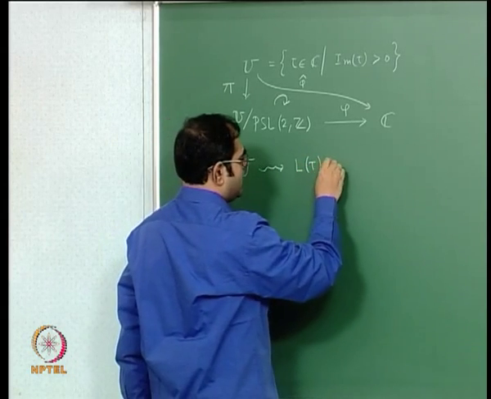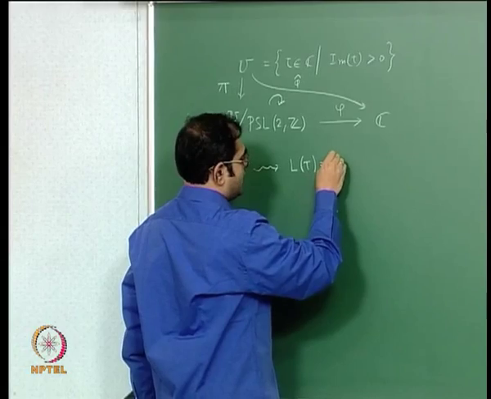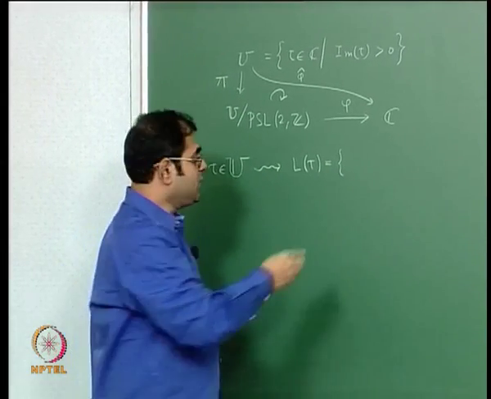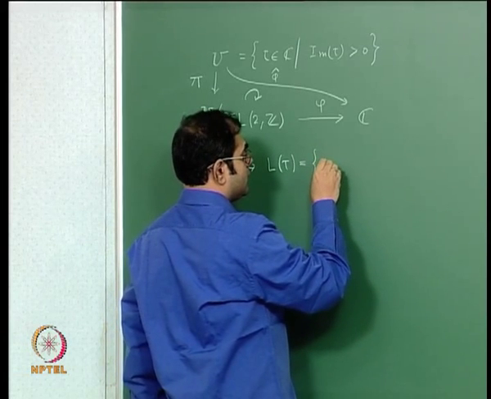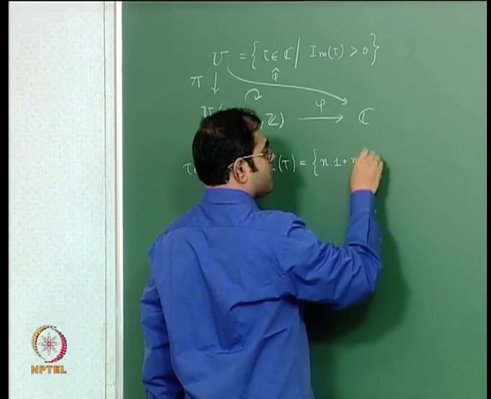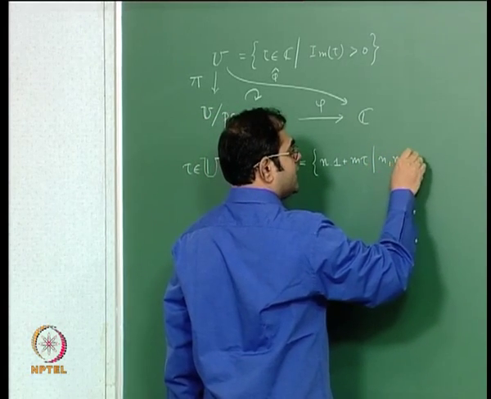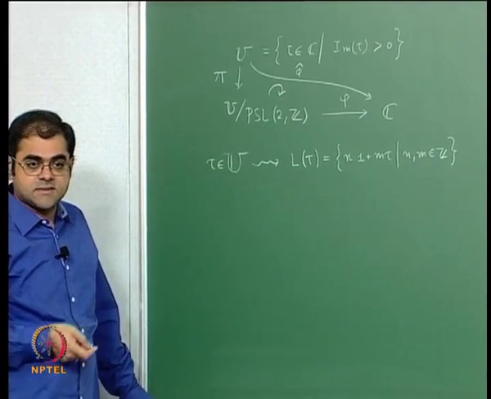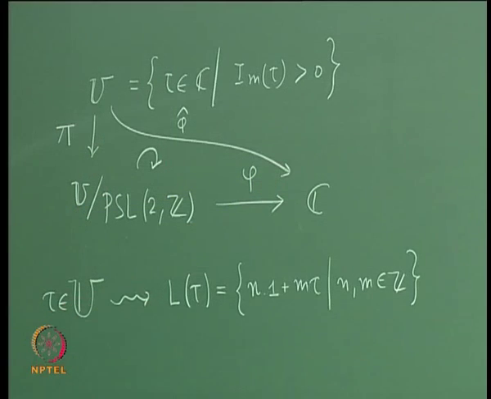You can take the lattice spanned by 1 and tau, namely you take all complex numbers of the form n times 1 plus m times tau where n and m are integers. This is a lattice, an additive subgroup of the complex numbers, and in fact a discrete Z submodule of the complex numbers.